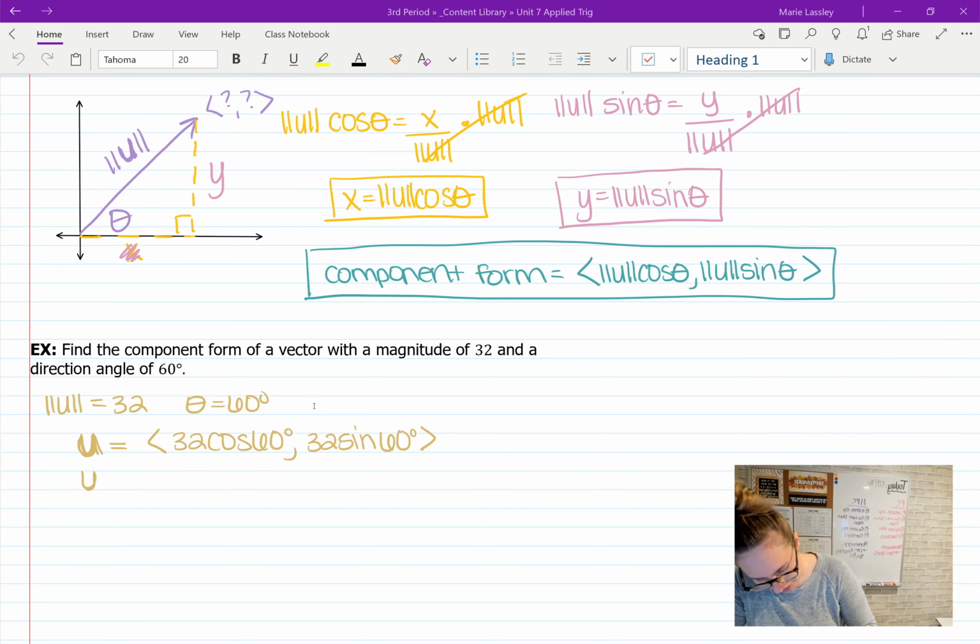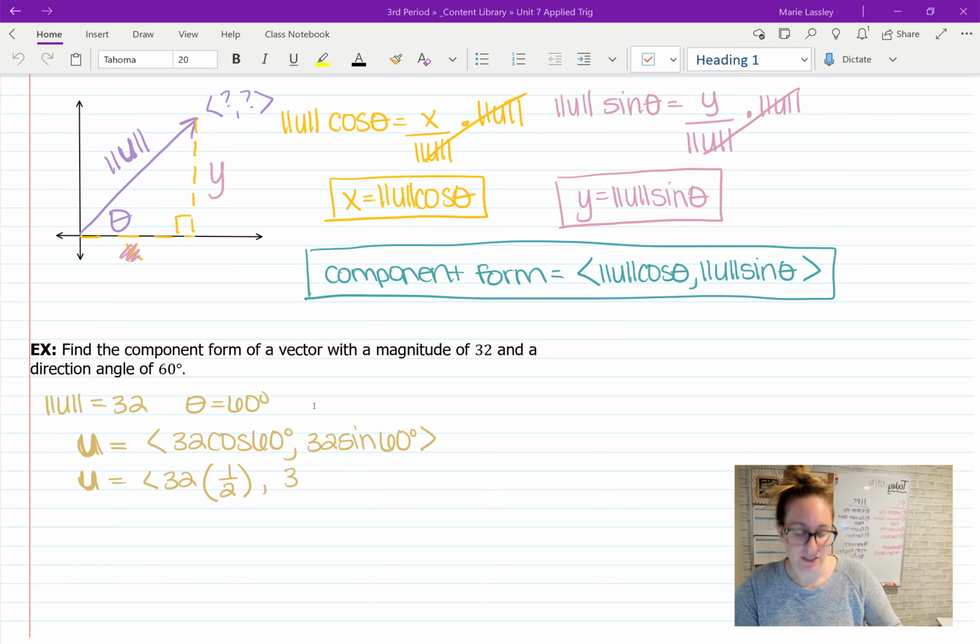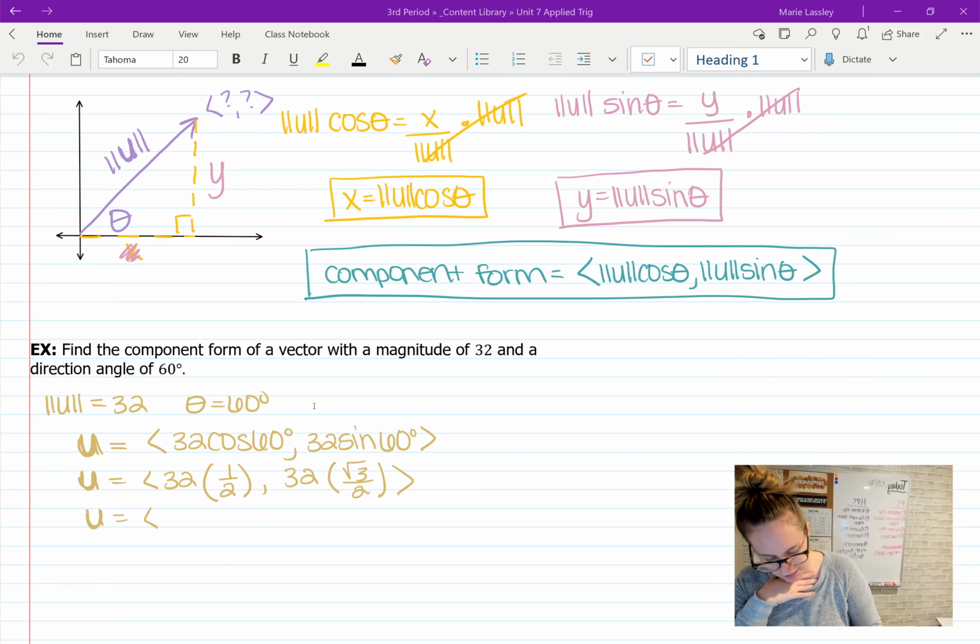All right, so simplifying, we have vector u equals 32. The cosine of 60 is 1/2. And then we have 32. The sine of 60 is the square root of 3 over 2. And we're just going to simplify one more time because we have even numbers, so we can divide by 2. 32 times 1/2 is going to be 16.